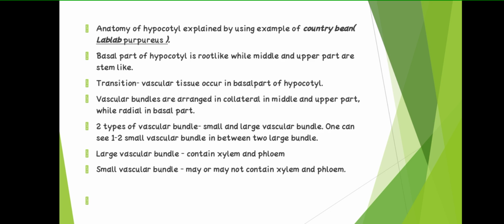We can see two types of vascular bundles, that is small and large vascular bundles, and one can see one or two small vascular bundles in between two large bundles. The large vascular bundles contain xylem and phloem, and small vascular bundles may or may not contain xylem and phloem.